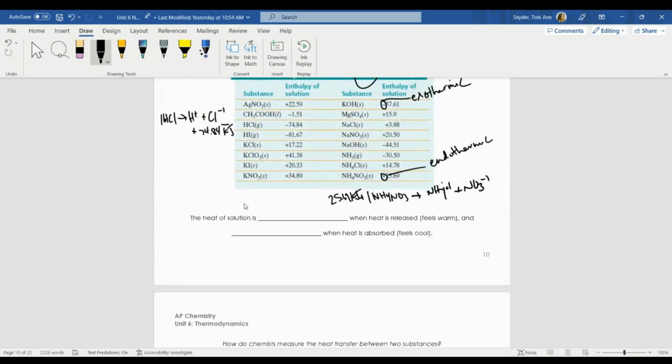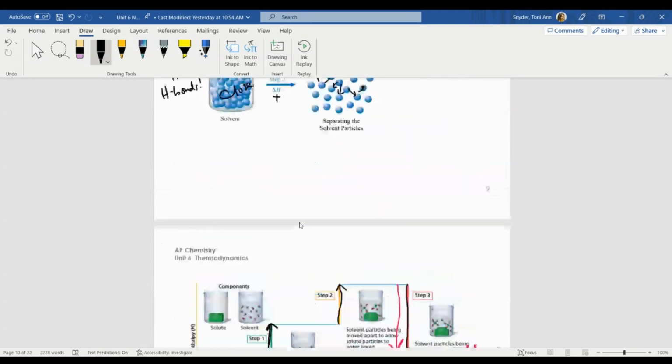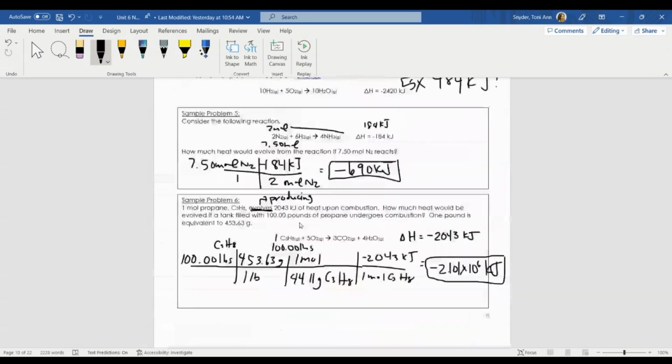Just to reiterate, the heat of solution will be negative when heat is released, and it will be positive when heat is absorbed. And that's when it feels cool. Like I said, I think those diagrams are the most important in this case, but the stoichiometry with thermochemical equations is also pretty important.